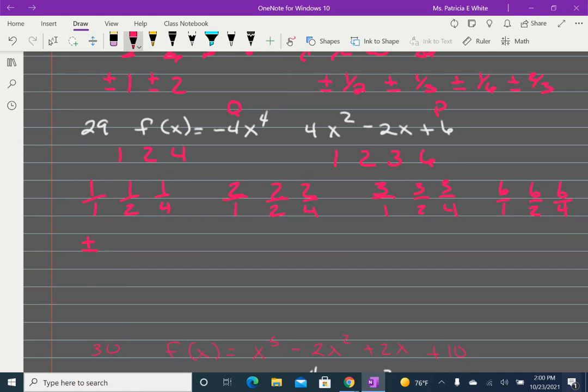1 over 1. And again, not for any mathematical reason, I'm just separating my fractions and my whole numbers. 1/4, 2 over 1, 2 over 2 is 1, I already have that. 2 over 4 is 1/2, I already have that. 3 over 1, 3 over 2, 3 over 4, 6 over 1. 6 over 2 is 3, I have that. 6 over 4 is 3 over 2, and I have that.